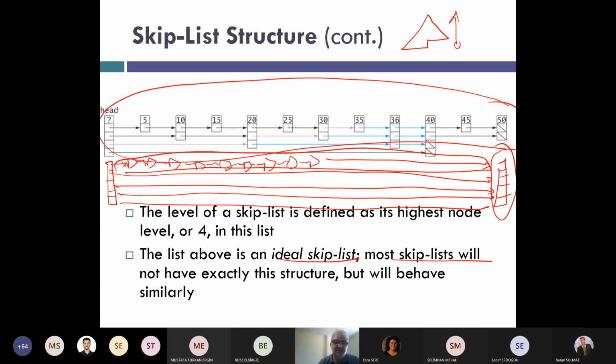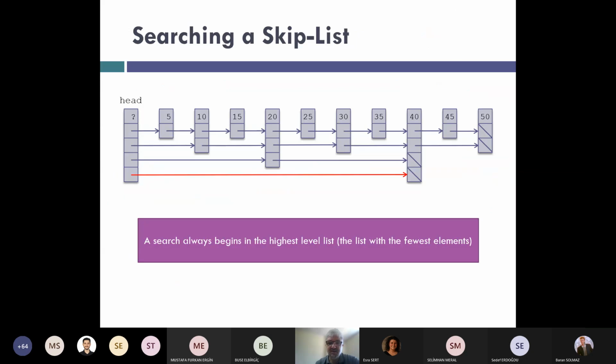Most skip lists will not have exactly this structure, but the average case behavior would be similar. Remember, average case behavior of all the trees is logarithmic, like a complete binary tree, right? Average case behavior is similar to this ideal skip list. Again, this is an ideal skip list.